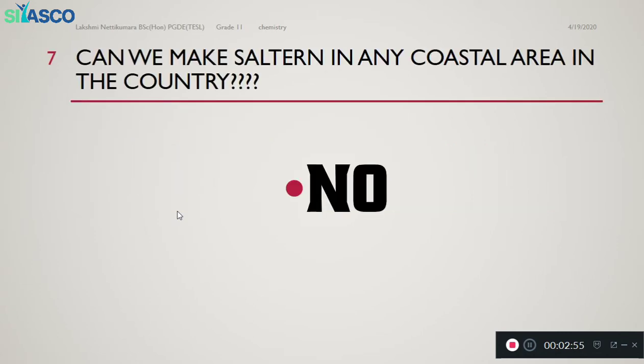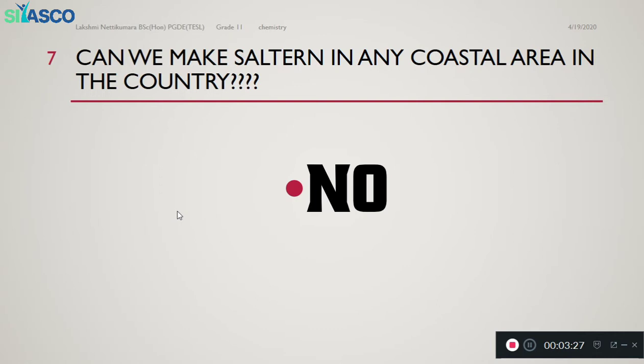You know that the sea is a major source of salt. Sri Lanka is an island surrounded by the Indian Ocean. That means plenty of seawater around our country. And I hope you have visited Puttalam or Hambantota saltons as your annual field trip.